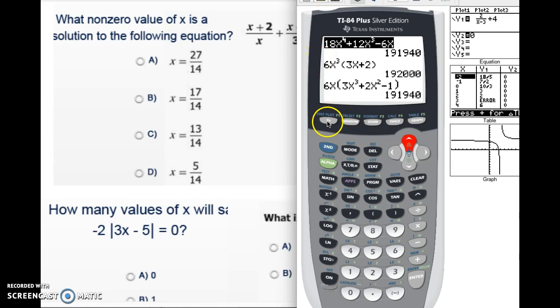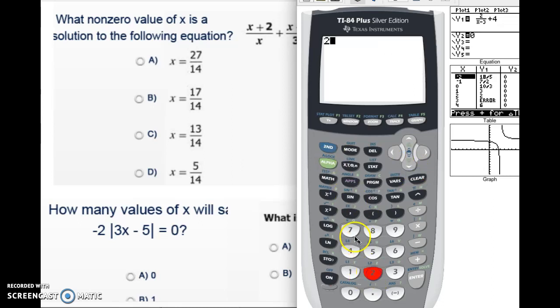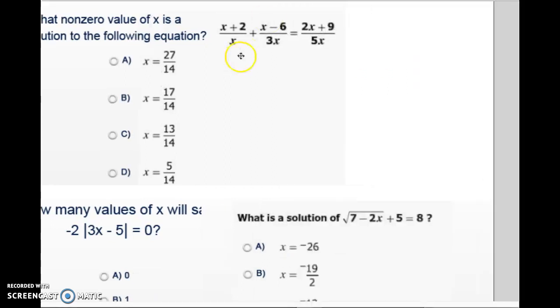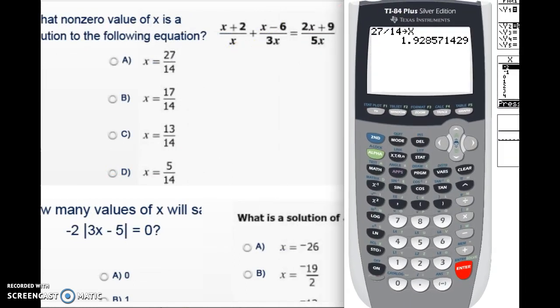But if I go ahead, I'm going to clear all this out. All right, there we go. I'm going to say 27 over 14 and store for the x. And it's going to tell me that my x is now 1.9. Well, I want to see if these two sides actually end up equaling each other.